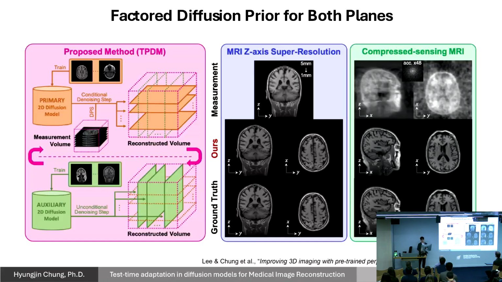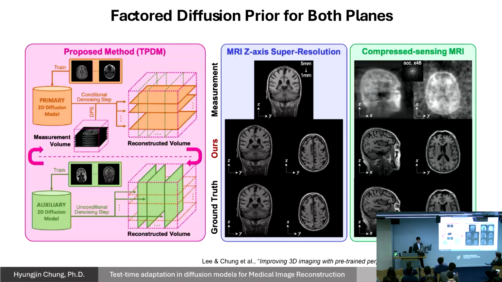Moving forward, we actually have another approach that improves this performance even further for 3D imaging. In the former case, we used a total variation prior for one of the factor priors. But in this method, TPDM, we introduced a diffusion model prior for both of the planes, so that during inference, you're free from using the optimization approach to incorporate the TV prior.